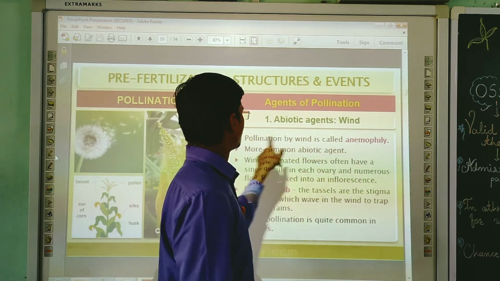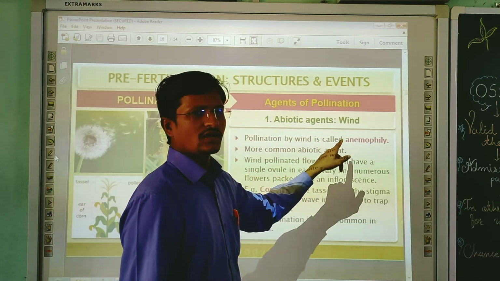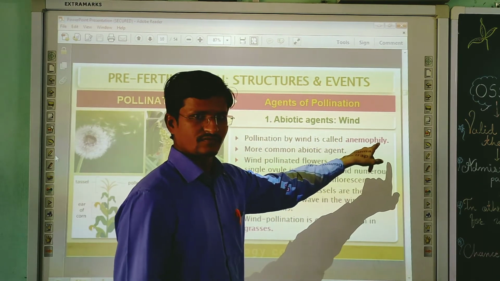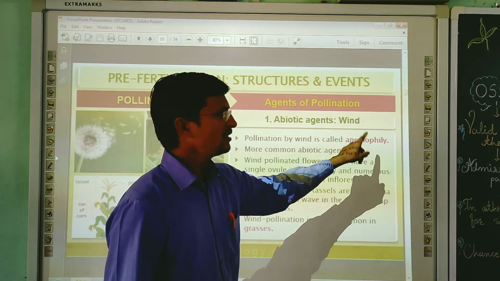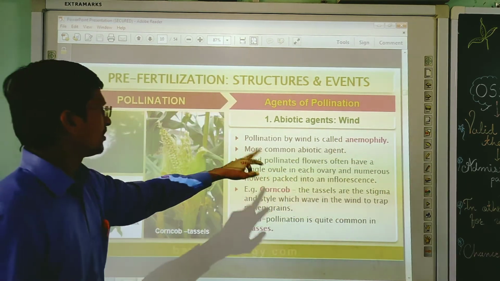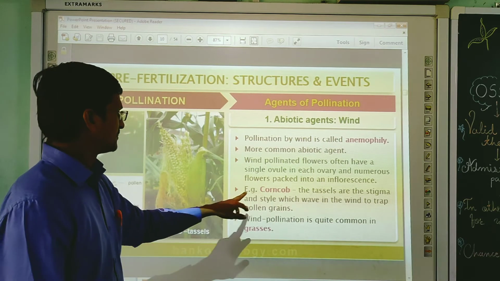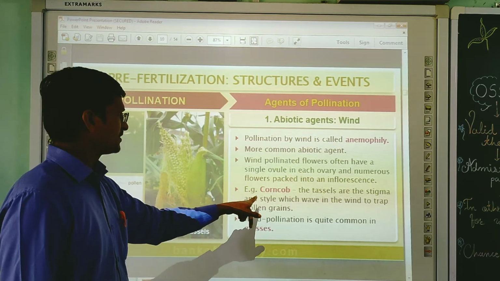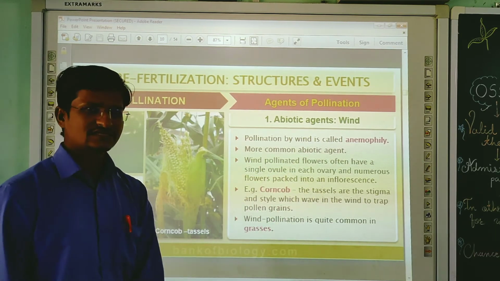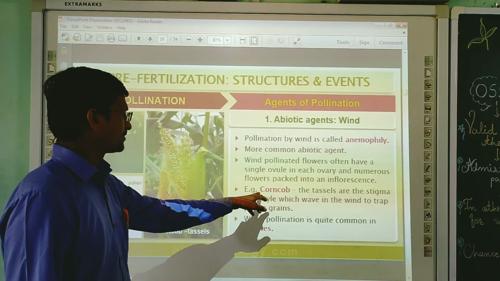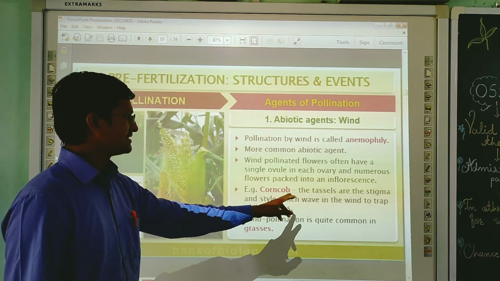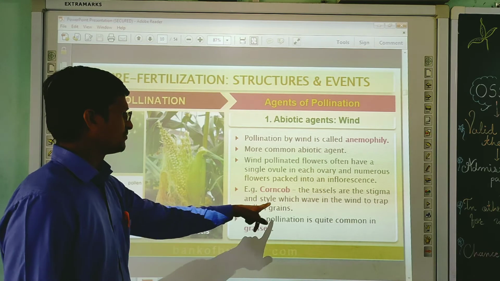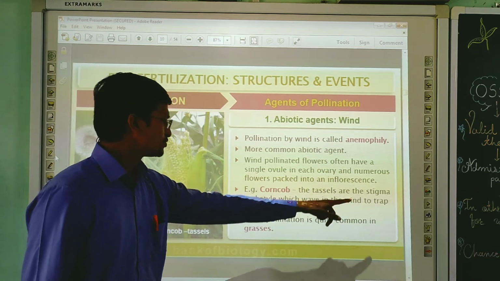Understood this word? Pollination by wind is called anemophily. And the most common abiotic agent, we'll take the example of an inflorescence, the corn cob. The tassels are the stigma and style, which wave in the wind to trap pollen grains.